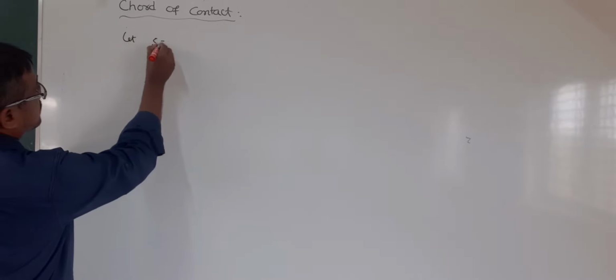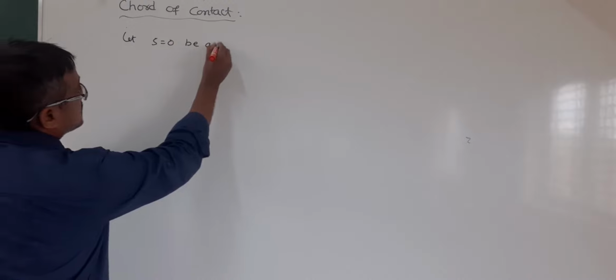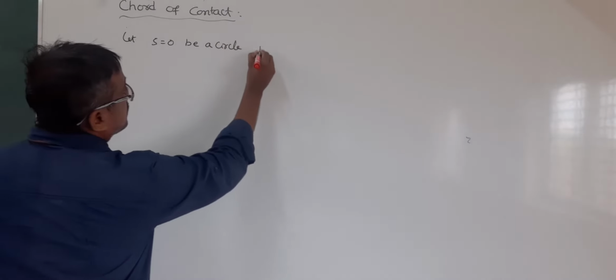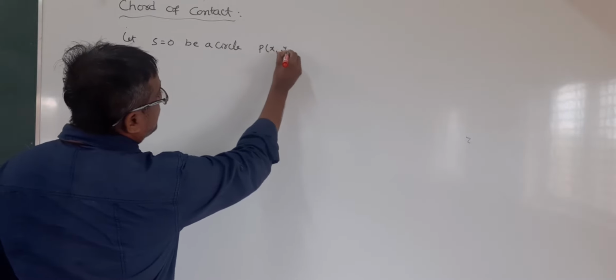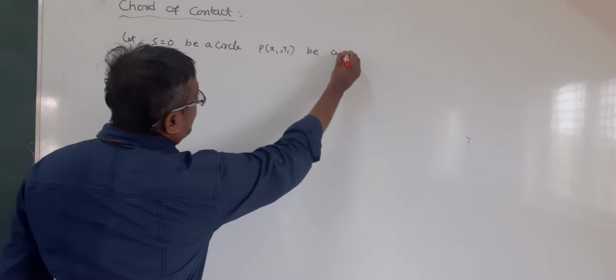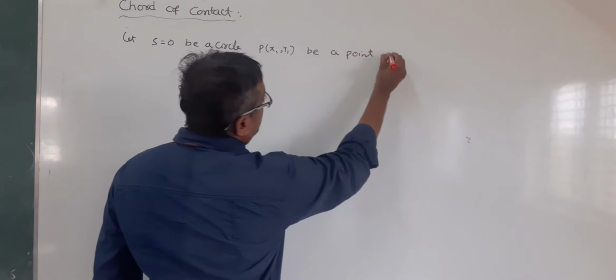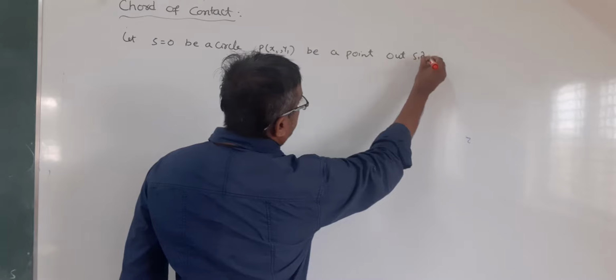Let S = 0 be a circle, and P(x1, y1) be a point outside the circle.